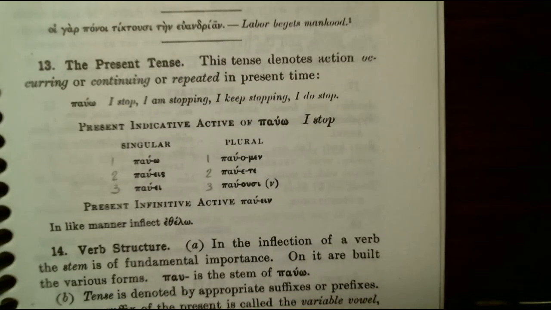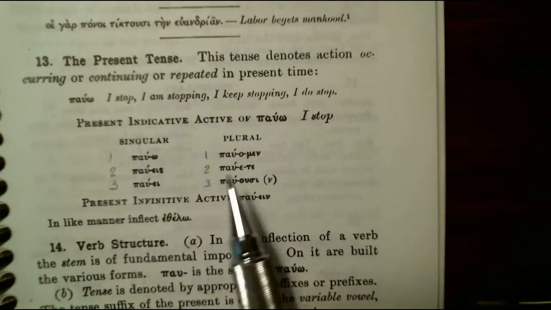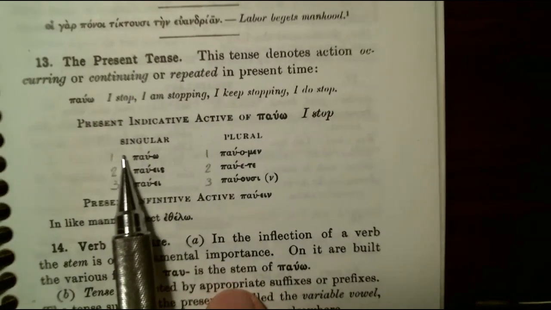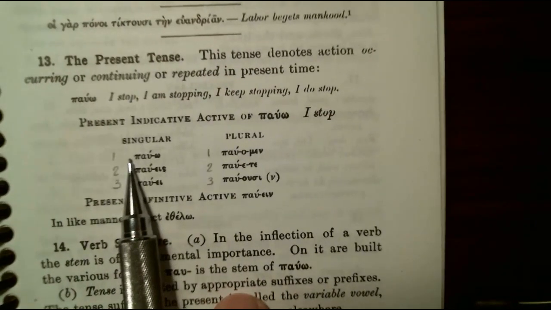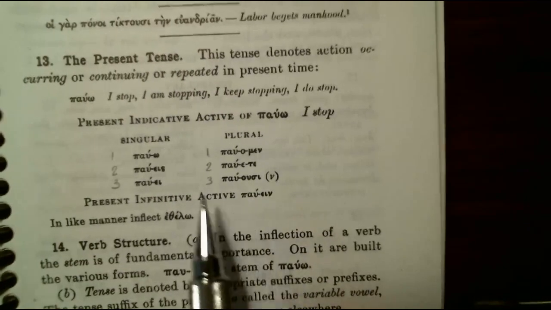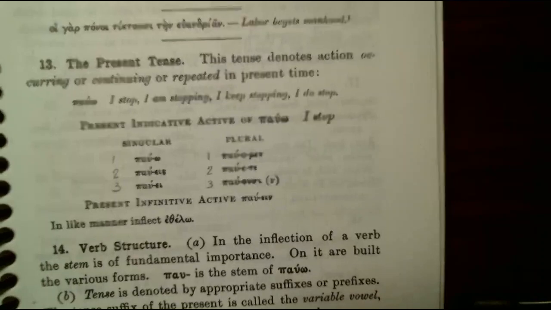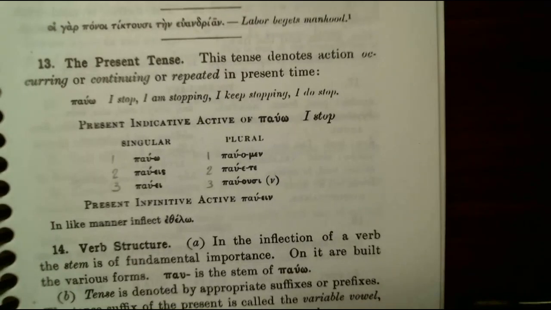Now, I am explaining this. At the end of the day, you can just memorize these endings and know that those are present tense with no prefix on them. So just as you see here, you can just memorize o, es, e, omen, ete, usi, and that will be more than enough for you to comprehend Greek.